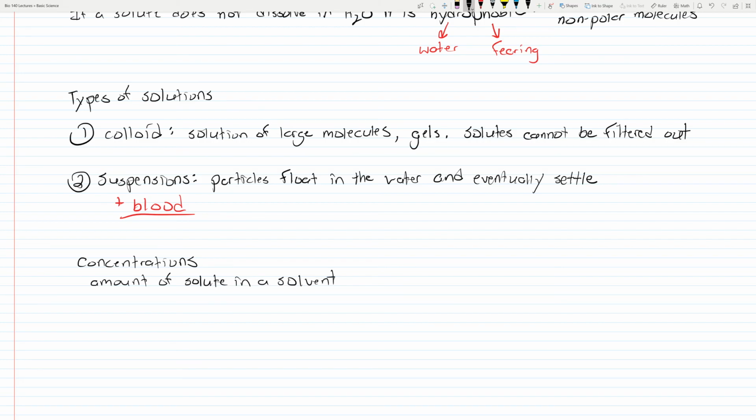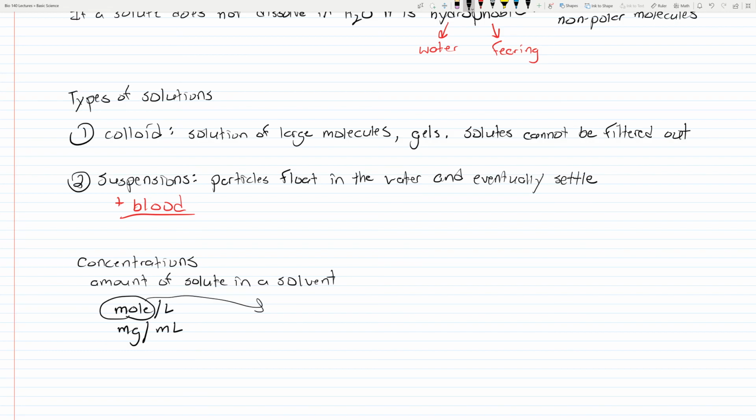It's how much stuff I have dissolved into my solvent. It's typically written as moles per liter or milligrams per milliliter.